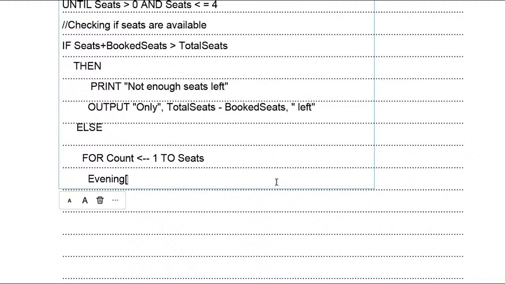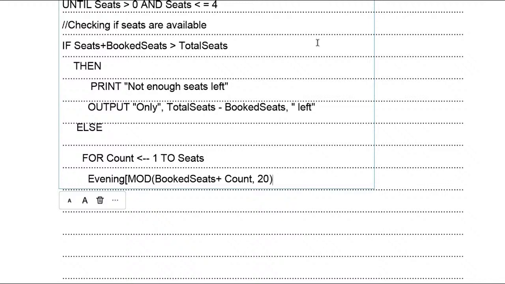For that I'm going to use the mod function, because it can give me the remainder as a return value. So mod booked seats plus count, comma 20, because 20 is the number of seats or columns in one row.